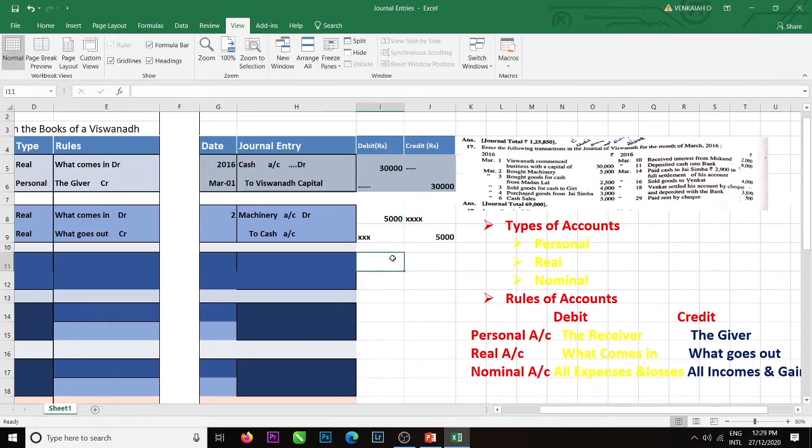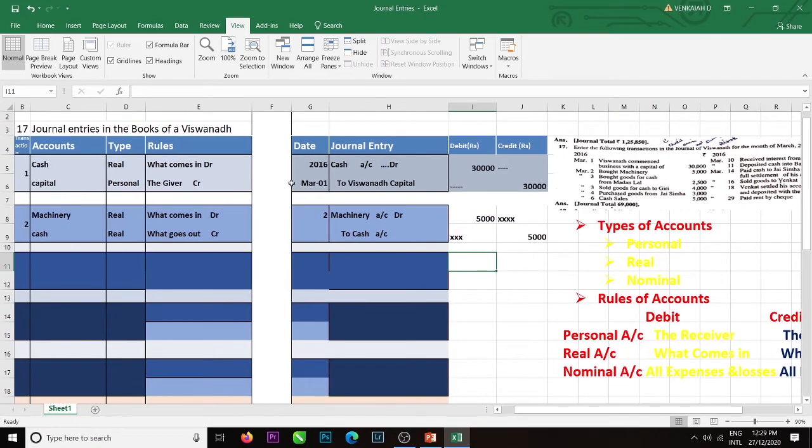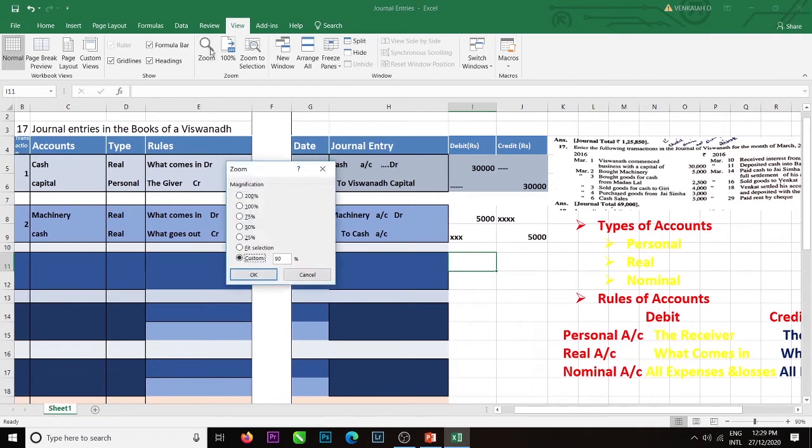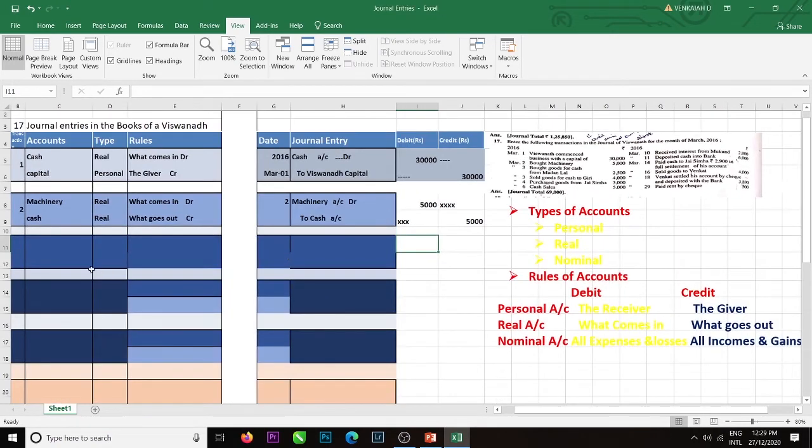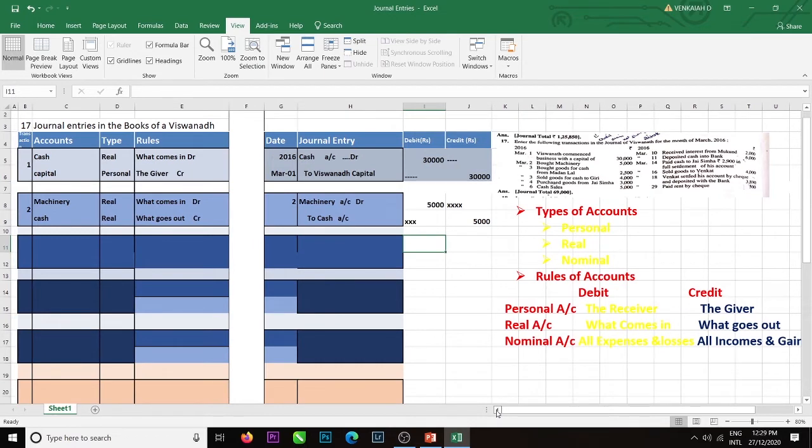Okay. Bought machinery. Bought goods for cash. Same rule. What we purchased. Right. Third one. Bought goods. Bought goods means purchases.